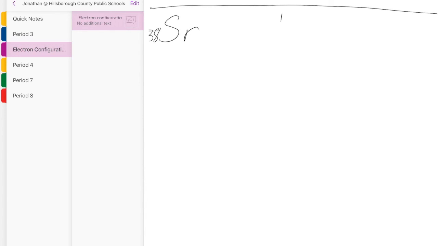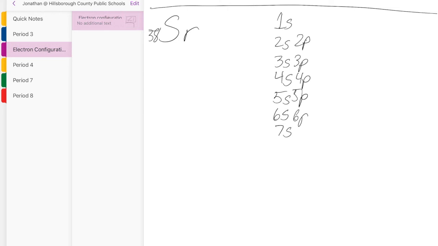So we're going to do 1s, 2s, 3s, 4s, 5s, 6s, and 7s. And then we'll put 2p, 3p, 4p, 5p, 6p, and 7p. And then 3d all the way down to 6d.